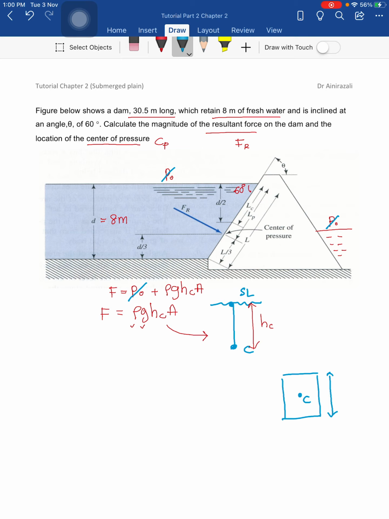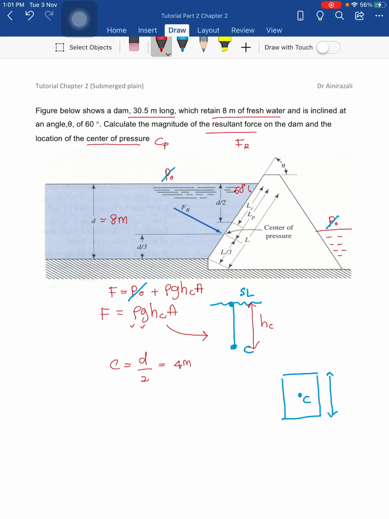This is your D equal to 8, so the center is D over 2, vertically from the center of the object to the surface of the liquid. So your HC is 4 meter.